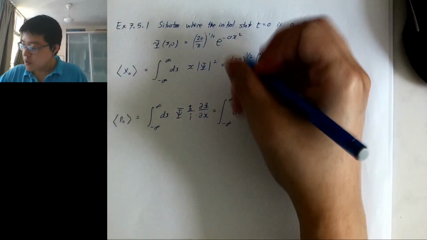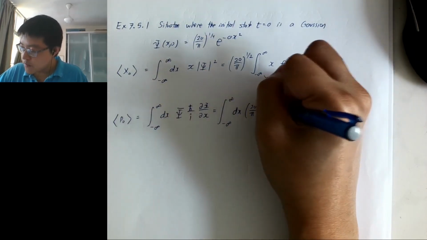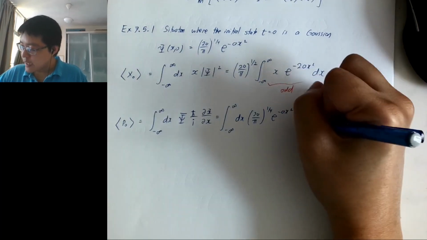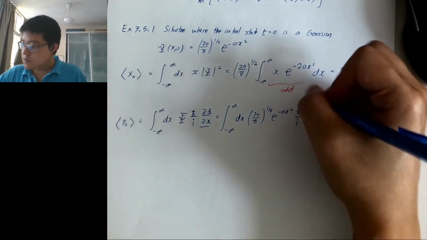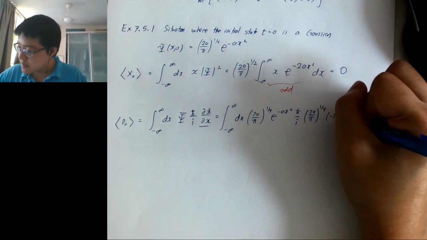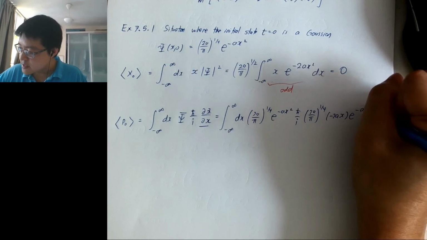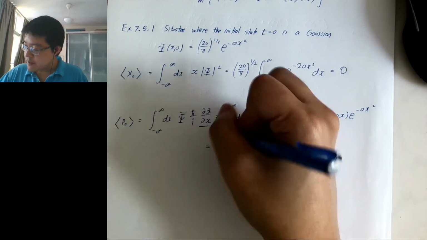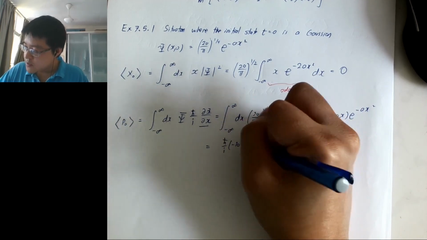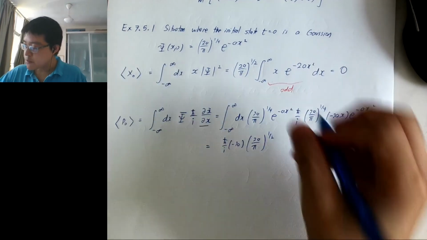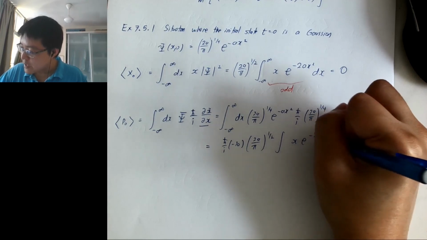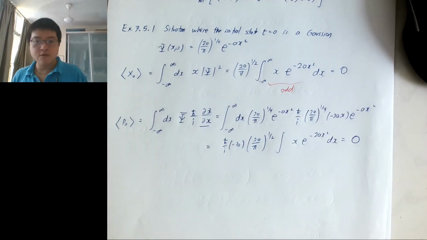The conjugate wave function is (2a over pi) to the power 1/4 e to the minus ax squared, so everything here is real numbers. Then I have ħ over i, and I differentiate this wave function, giving another copy of the normalization. Differentiating gives me 2ax e to the minus ax squared. If you simplify, this is ħ over i, there's a negative 2a, and 2a over pi, now to the power half, but I am integrating x e to the power of minus 2ax squared. Still an odd function, so it's still 0.